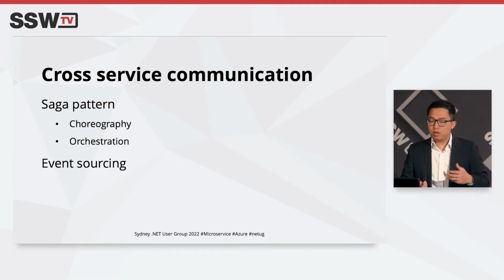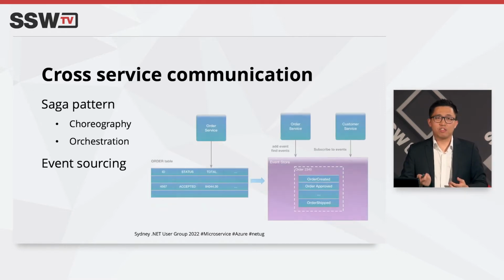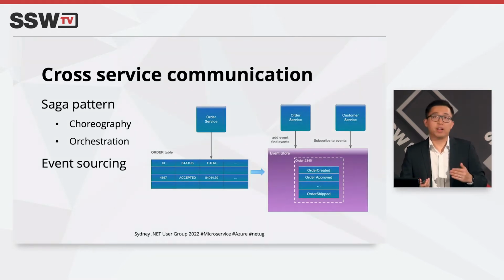Now, we want to leverage event sourcing if we want to implement the Saga pattern properly. The reason is, if anything happens out of order or anything goes wrong, for instance, if you follow the choreography pattern, one service has finished its job, but the other one is supposed to finish its job and doesn't.